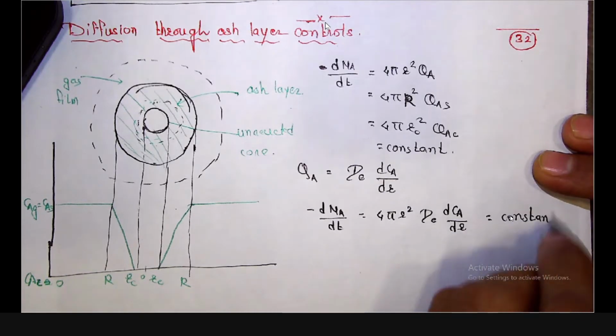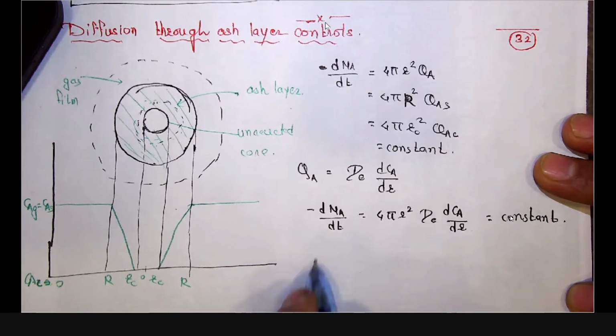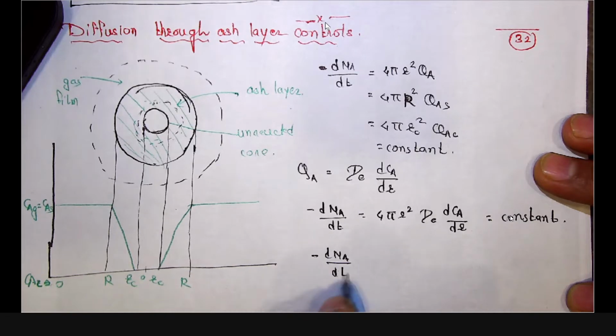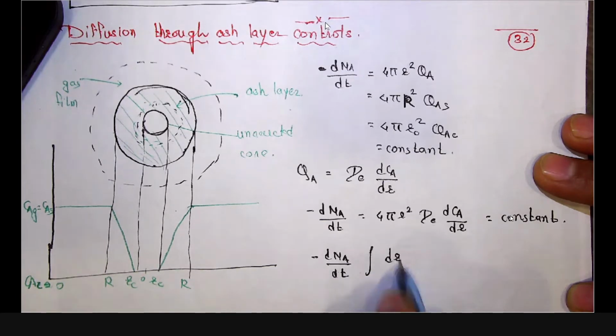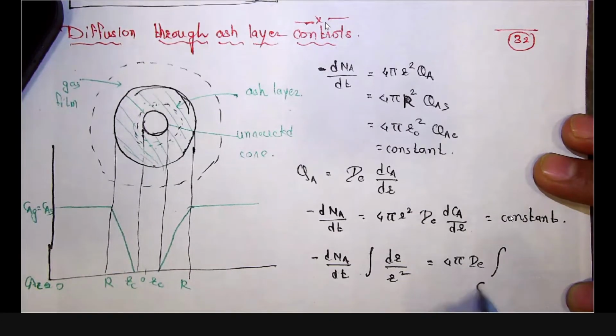So we can go for the integration, is it? By taking dNA by dt, there will be the double integration. First dNA by dt, dr by r square, is it? And this is equal to 4 pi DE, CAS to 0, dCA.